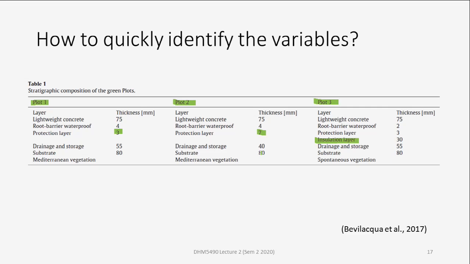Also, you can see that for the roof barrier waterproof layer, both plot 1 and plot 2 are 4 mm thick, but for plot 3 it is just 2 mm thick. Therefore, we can say that the layer composition and the layer thickness may be the independent variables as well.